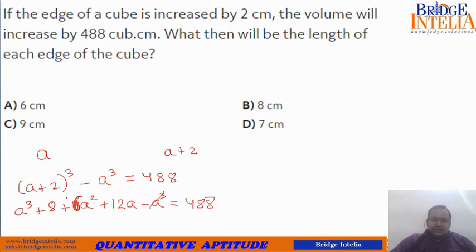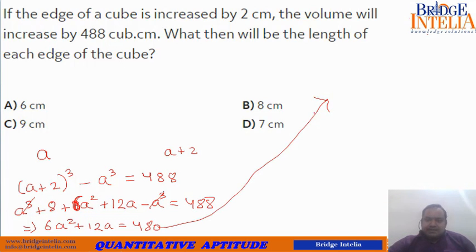So from here, what can be said? It can be said that 6A square plus 12A is equal to 480. If you take 6 as common, A square plus 2A is equal to 80.